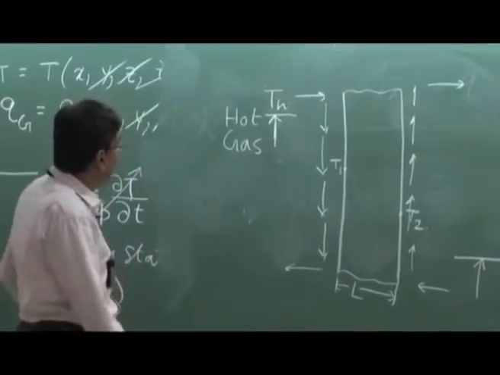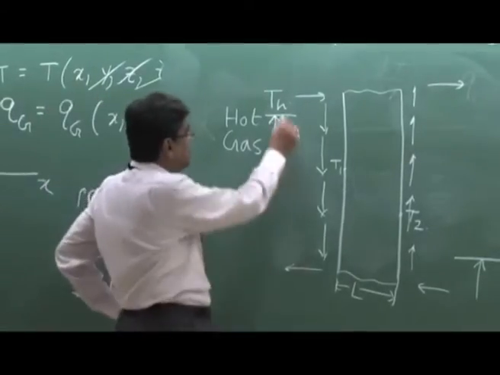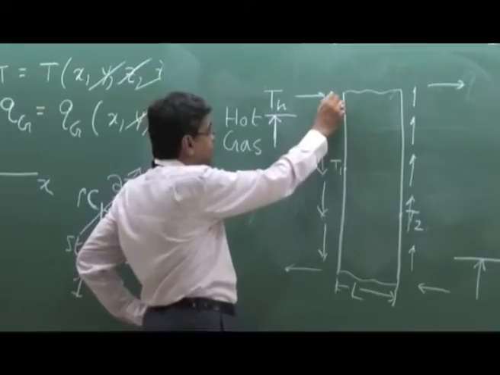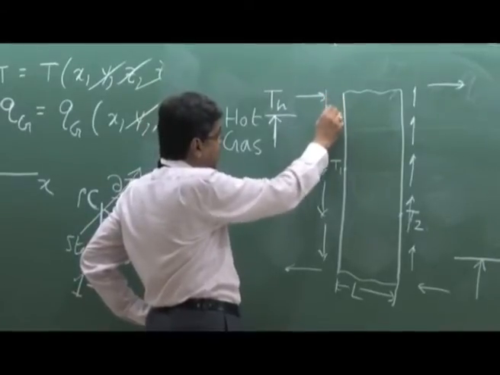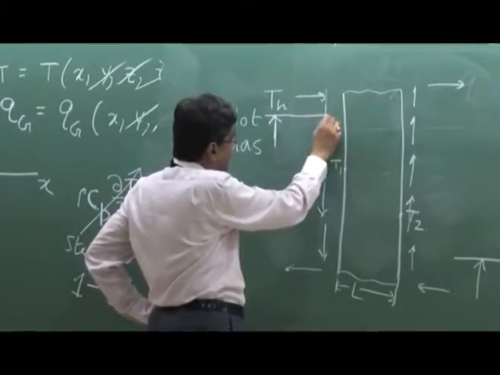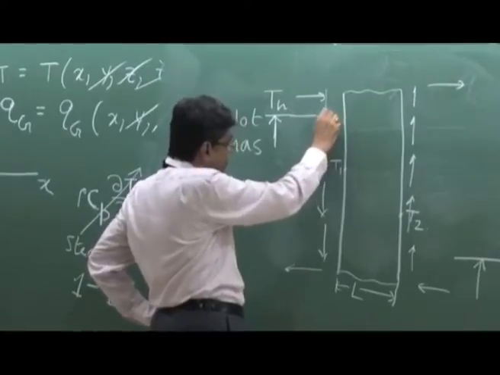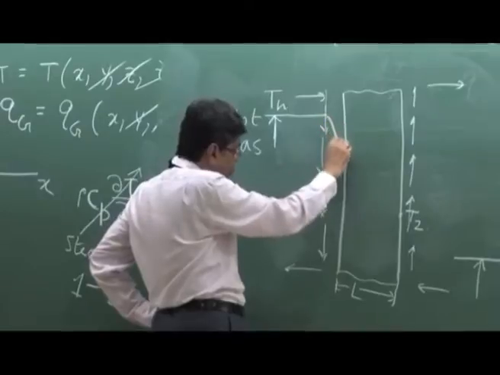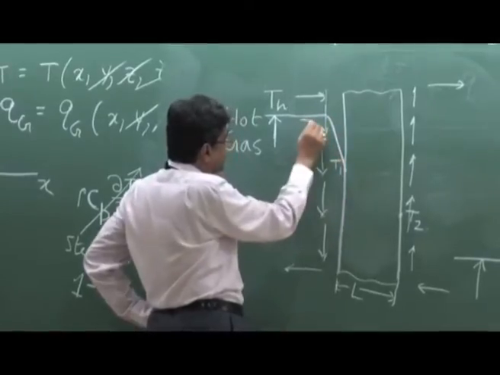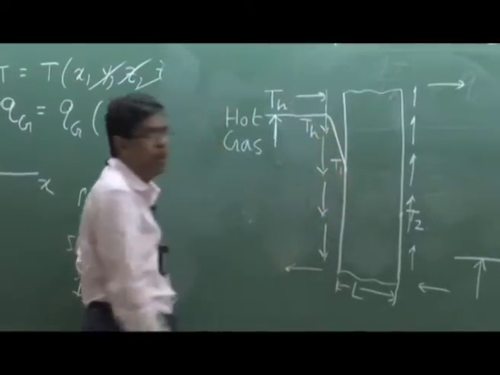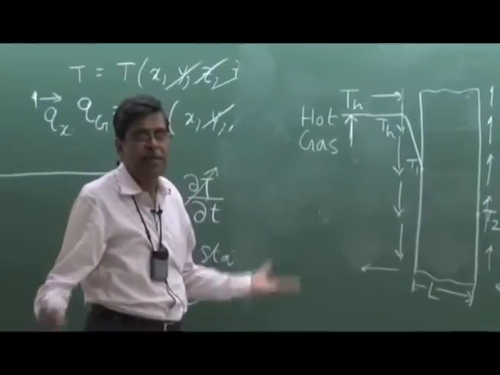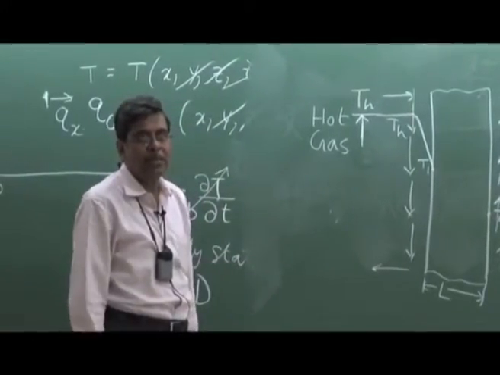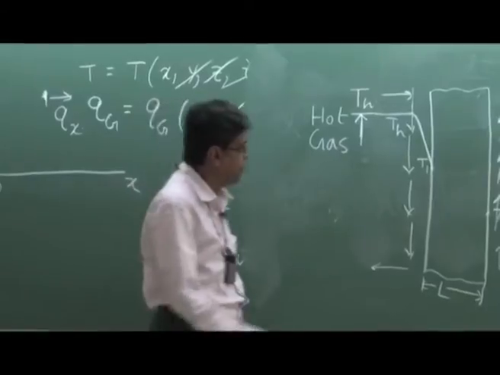This convection resistance is offered like this. That means if we measure the temperature, you will see this TH actually goes like this, and within a thin film, let us consider this as film, the temperature drops from TH to T1, and this may not be linear. That depends upon the convection heat transfer equation, the convection temperature field.